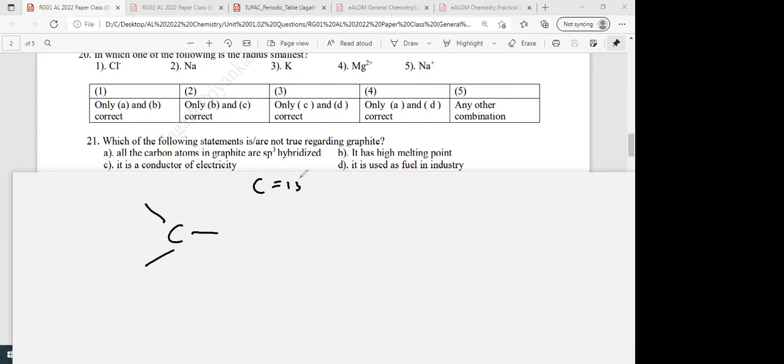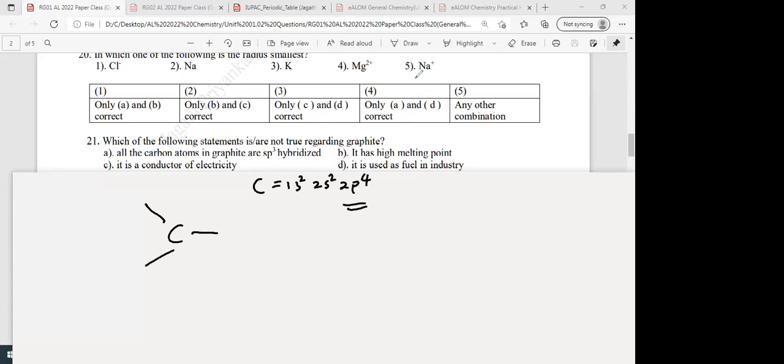Carbon is 1s2, 2s2, 2p2, sorry, 2p2. So the outermost shell has 4 electrons.